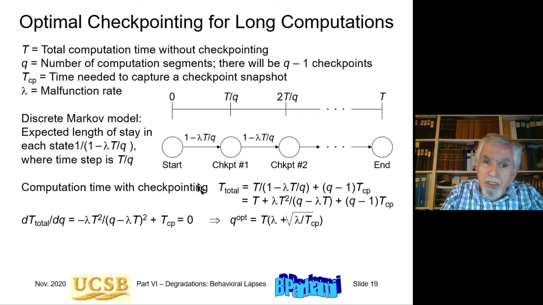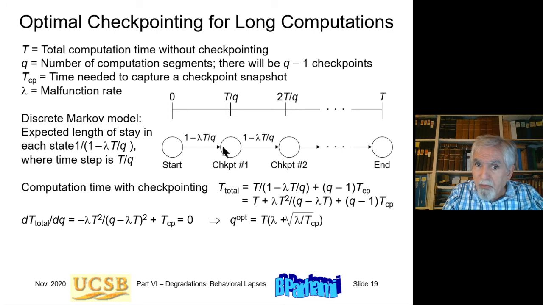So computation time originally was t. Computation time with checkpointing from this model is computed to be t over 1 minus lambda t over q. You should be able to determine that. So t over this probability plus q minus 1 checkpoints times the checkpointing overhead.